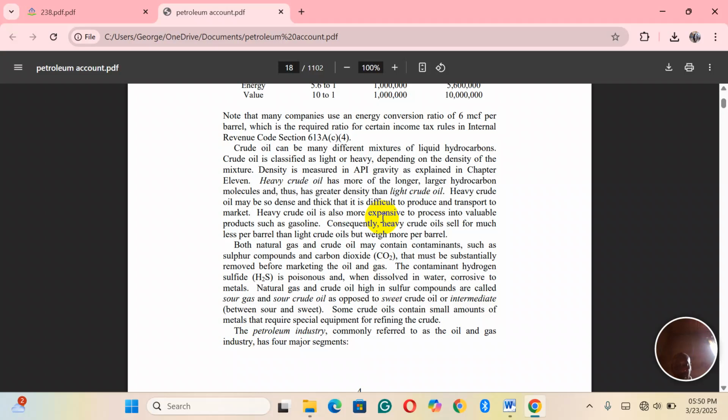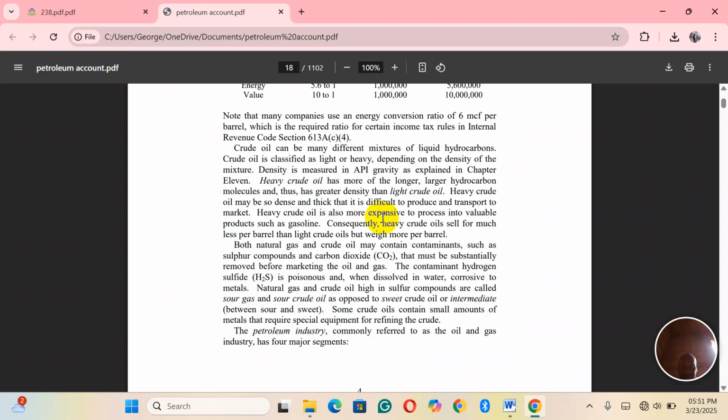So both natural gas and crude oil may contain contaminants such as sulfur compounds and carbon dioxide, CO2, and they must be substantially removed before marketing the oil and gas.